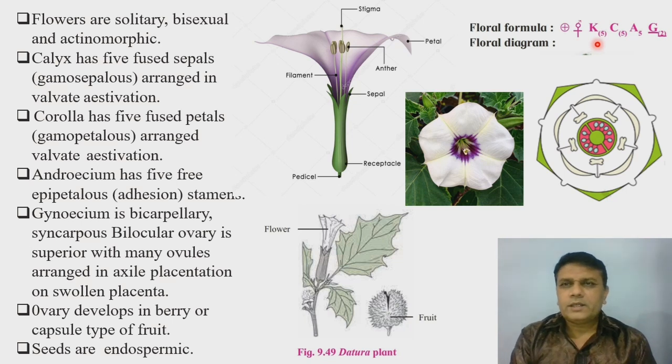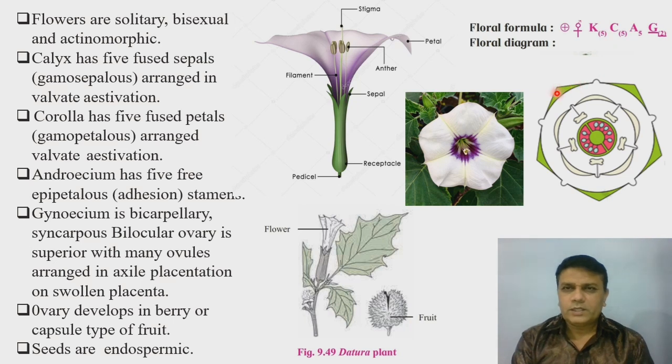Then K stands for calyx, and members of the calyx are 5 in number. That is, there are a total of 5 sepals. And as 5 is shown in the bracket, it indicates that the sepals are fused.